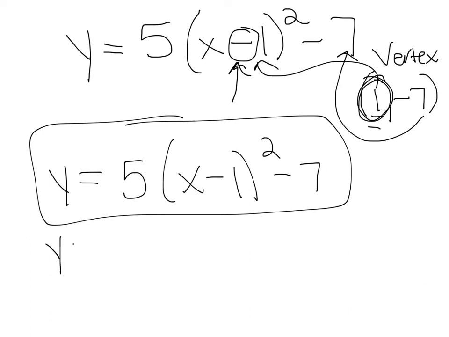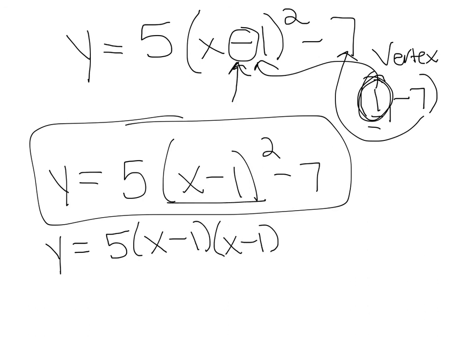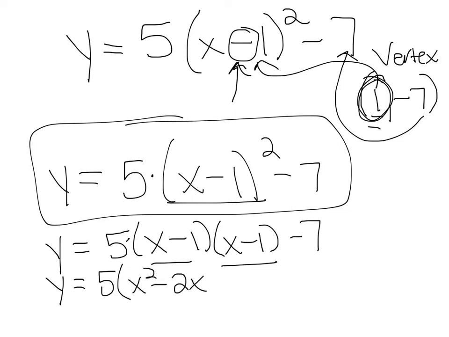I could also write it in standard form by multiplying out x minus 1 times x minus 1. X minus 1 squared is x minus 1 times x minus 1. Then I would have to multiply by my coefficient of 5 out in front and subtract 7. So what I get is 5 times x squared minus 2x plus 1.